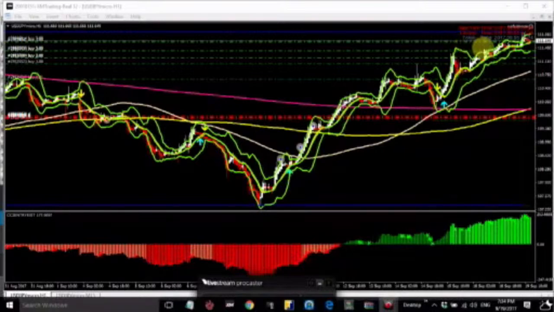We are going to break it, and see, we broke it. Price came down to relate with this same middle Bollinger Band, and you will see later that the price shoots up and separates from this middle Bollinger Band.